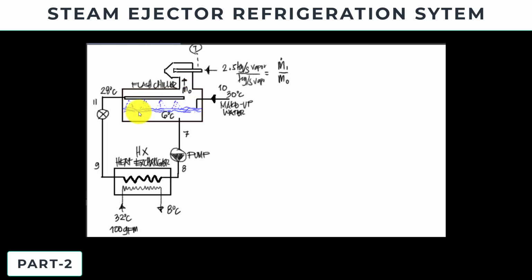Now let's find the mass flow rate inside my evaporator, and then we can proceed to the mass balance at the flash chiller. So I have here my Q load.